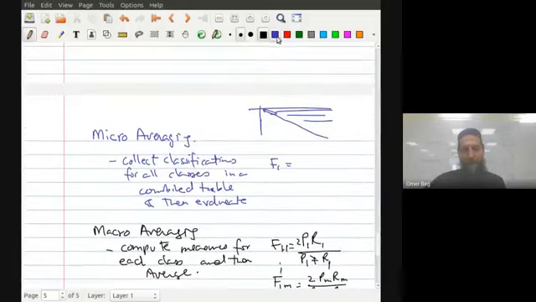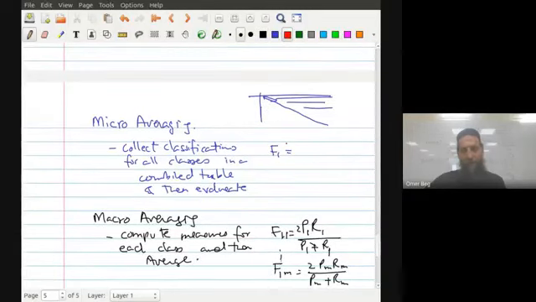Similarly, in micro averaging, we are going to calculate the precision and recall separately. So before calculating the F1, we are going to calculate the average precision for all classes. So we take precision of class 1, precision of class 2, all the way to M, and then we sum them all up and we average them.